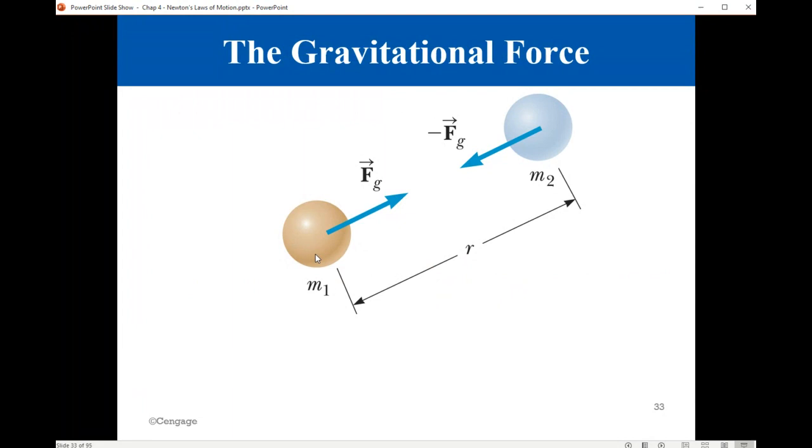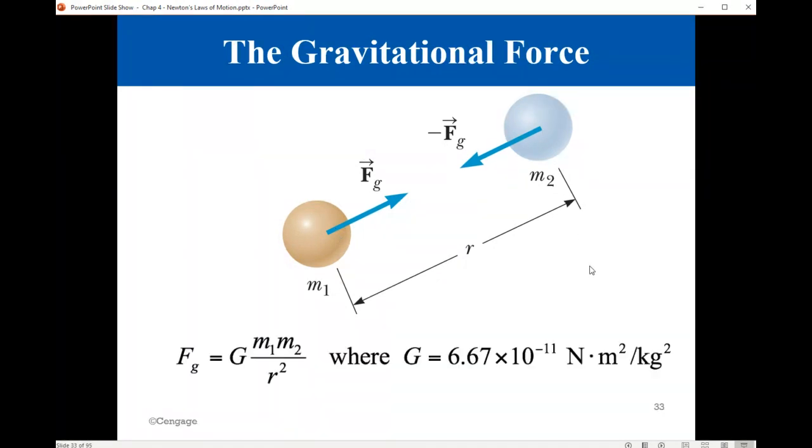So if you have an object of mass m1 here, and another object of mass m2 there, there will be a mutual attraction between them. And this force of attraction is directly proportional to the product of the masses and inversely proportional to the separation between their centers, r squared. Okay?